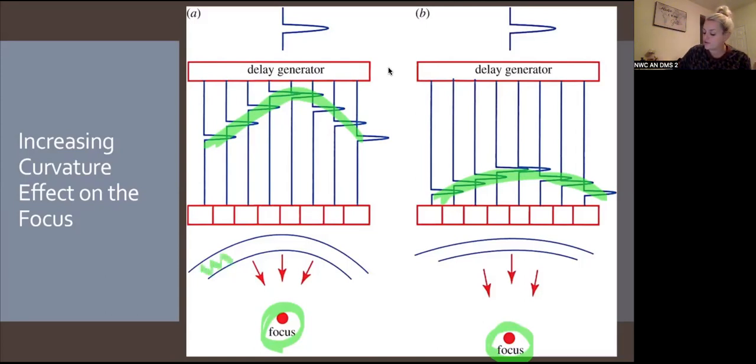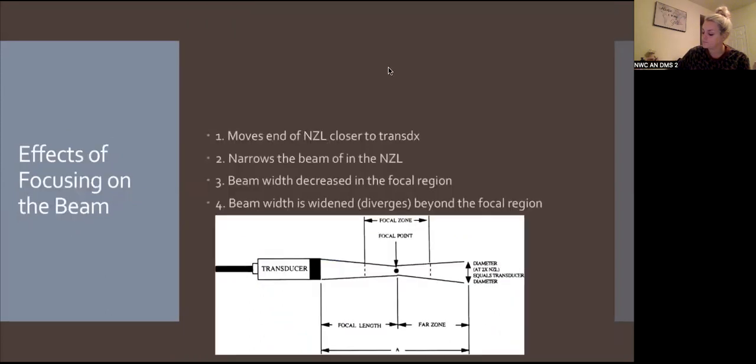They're also showing it to you here, this is more curved and this is less curved, if that helps you. So however you want to draw it. And again, this is what focusing does. This is what I explained here: grabbing the focus, pulling it towards the face of the transducer, narrowing the focus and that whole near zone length area.